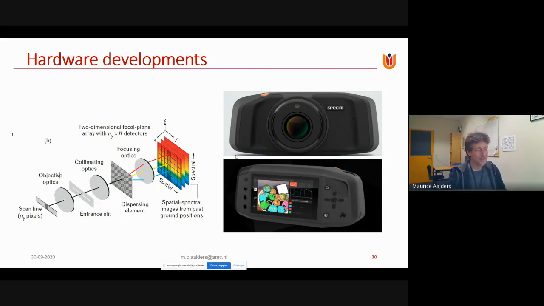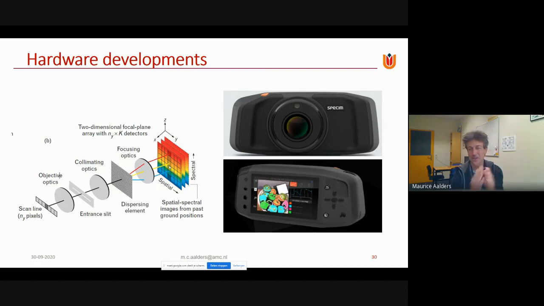Well, this is based on another principle. There are a lot of cameras, but this is the latest, and it only acquires 1 line of light of the scene. This line of light goes through a dispersive element like a grating or a prism, which splits all the pixels in that line into their separate wavelengths, and then the image is recorded.